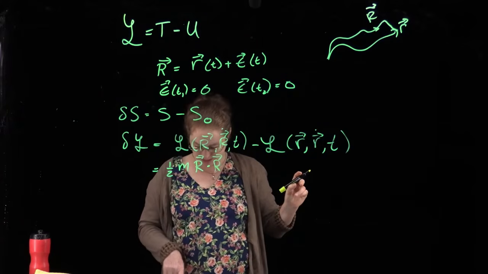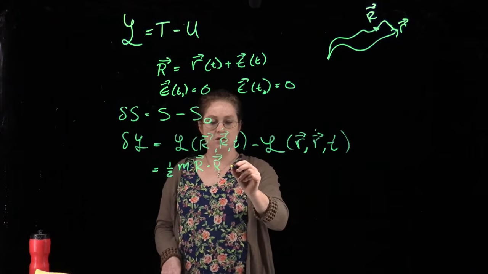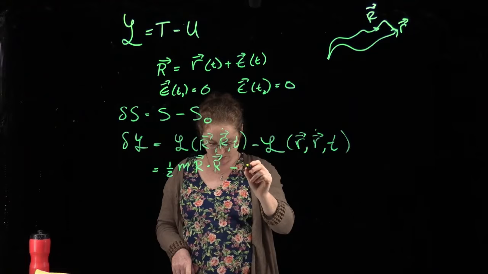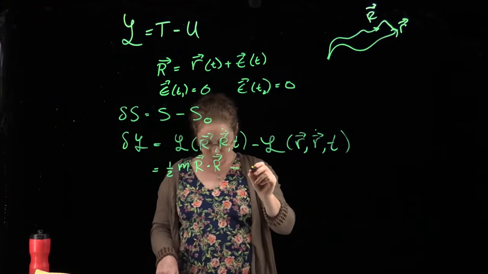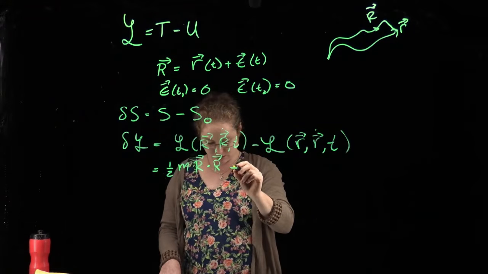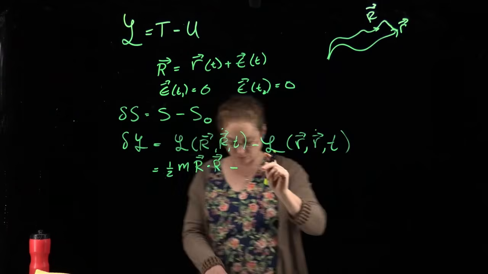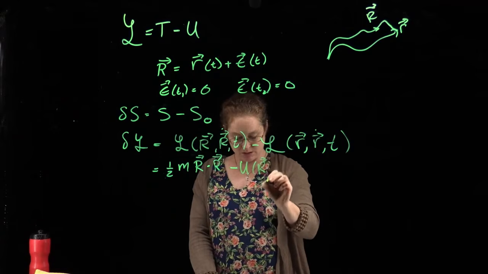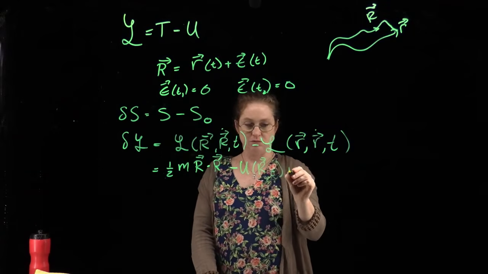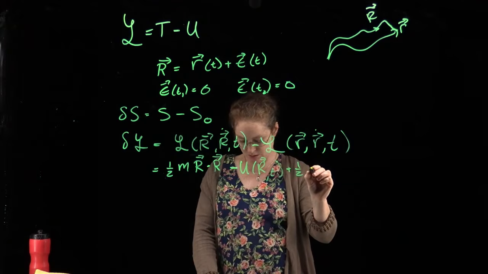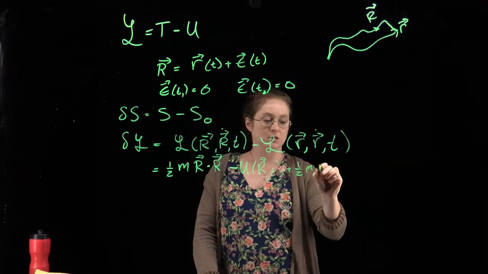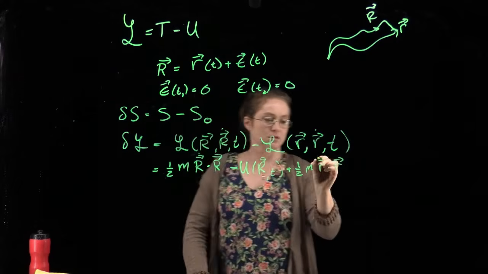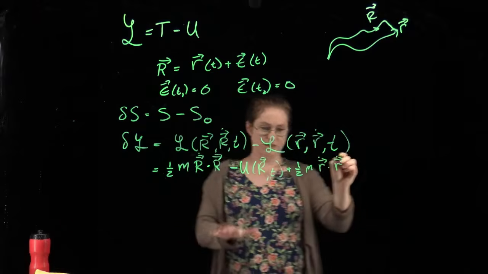And then minus U of capital R and t, plus 1/2 m little r dot, little r dot, these should have dots, big R's, little r's.